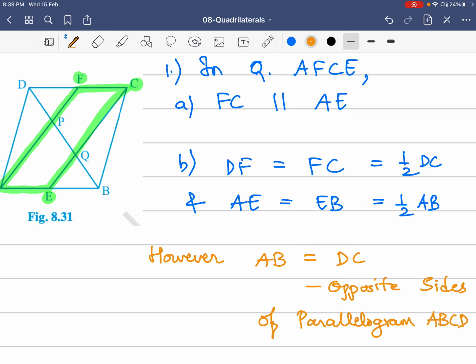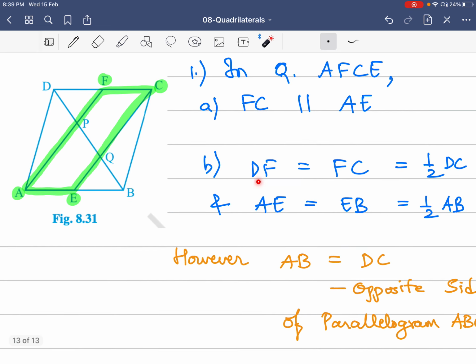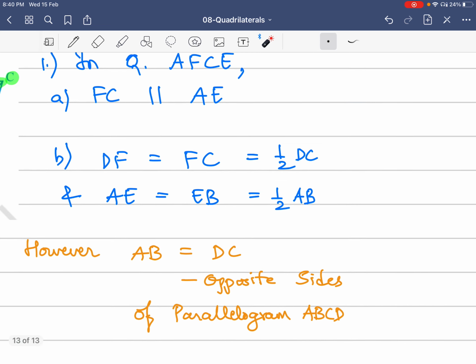So half of AB will be equal to half of DC, which means these four segments are going to be equal to each other, which means FC is going to be equal to AE. So that is our conclusion.